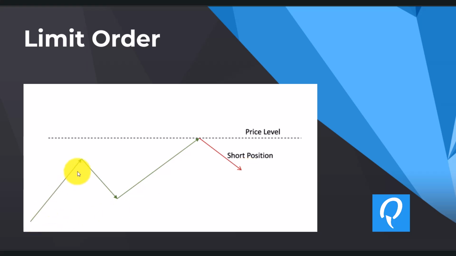So the price was shaping and growing to the price level here, and it bounced back and the short position was opened. Now just quickly compare long position and short position. So long position is in long direction up, and short position goes down.